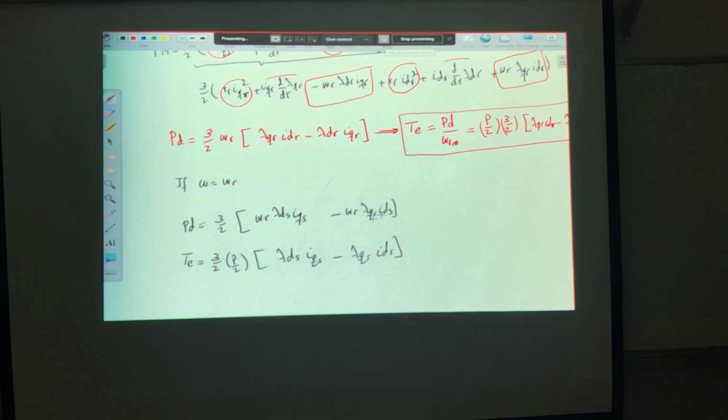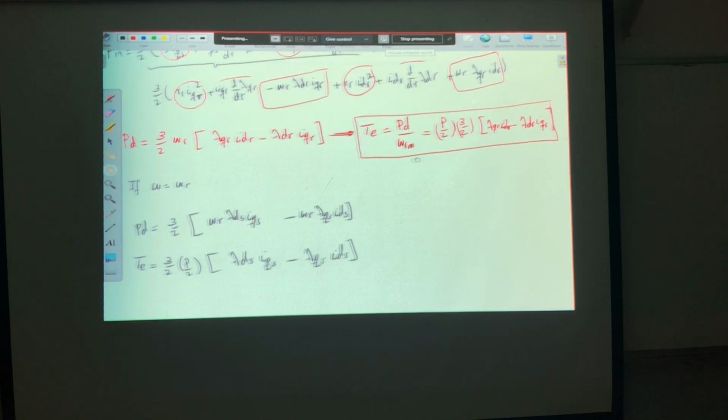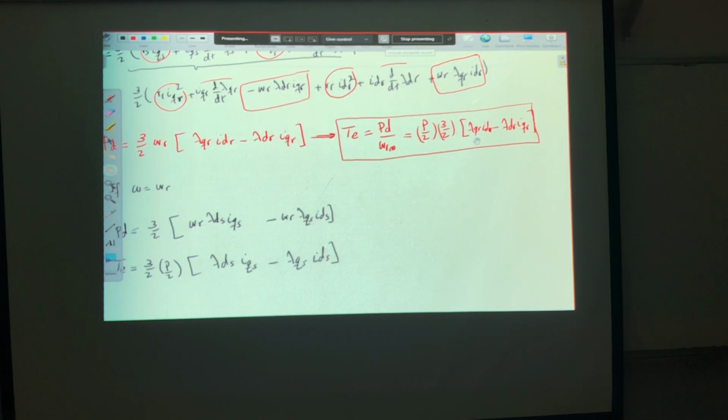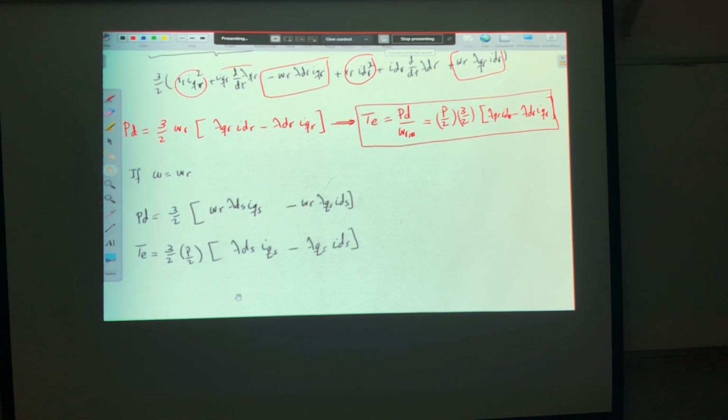But if it's in terms of the stator flux and current, this is described in terms of the stator pattern. Here, it was in terms of the flux of the rotor and the current of the rotor. And I can exchange in between. The values are the same.